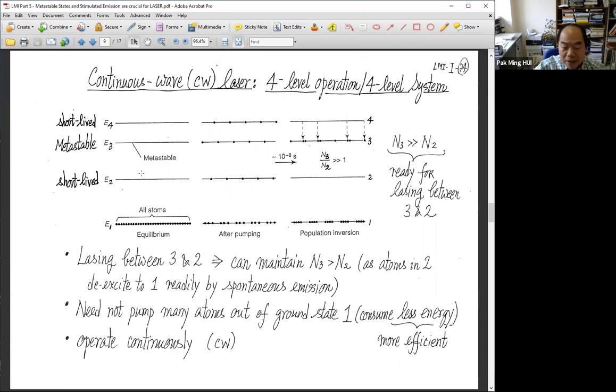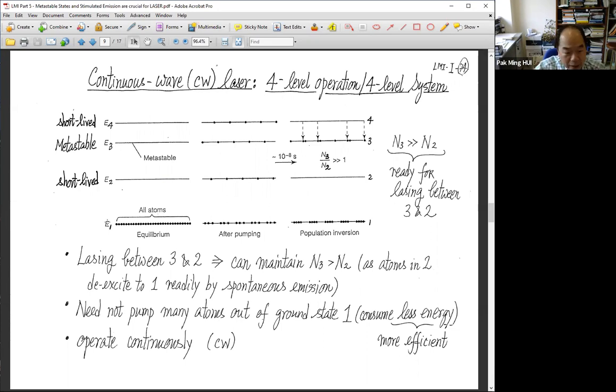Because we can selectively pick something like E3 is metastable with a long lifetime, E2 has a short lifetime, thereby once lasing comes in here, this will automatically, spontaneously come down and clean up level 2. So it will keep very few atoms at level 2. Thereby, continuous population inversion can be kept. That's the idea.